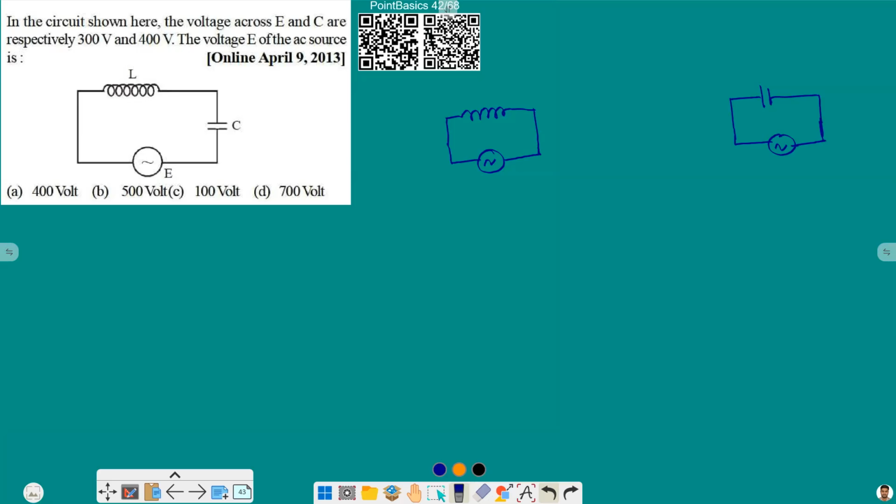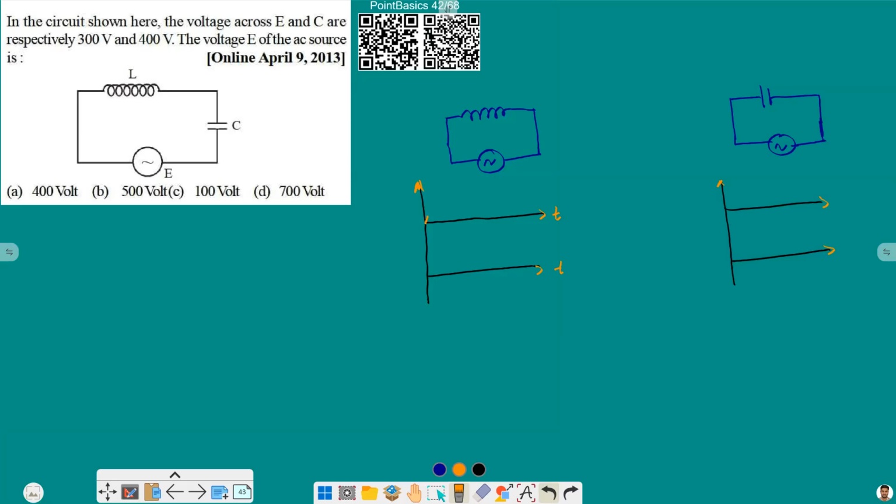So now if I draw a voltage versus current curve here, the same for this circuit, suppose here I am representing amplitude and here I am representing time. Suppose we have a sine wave of voltage.